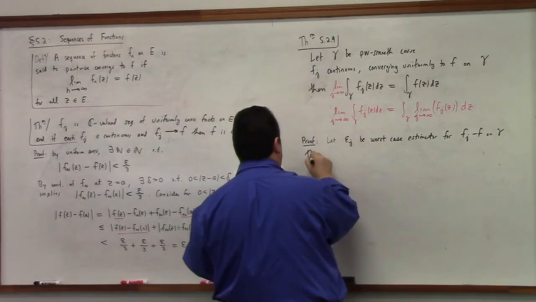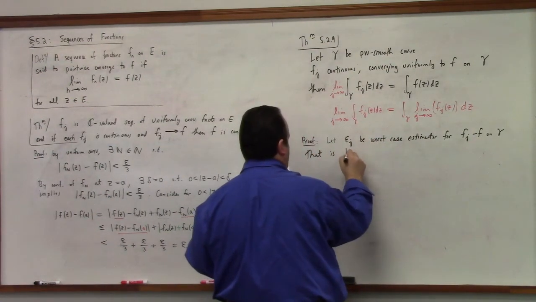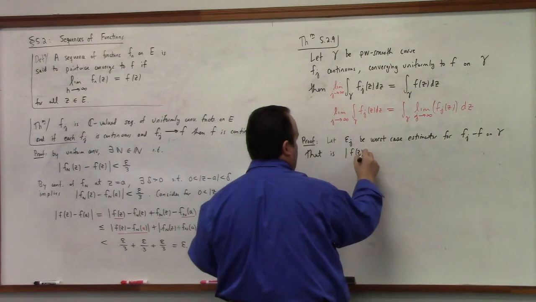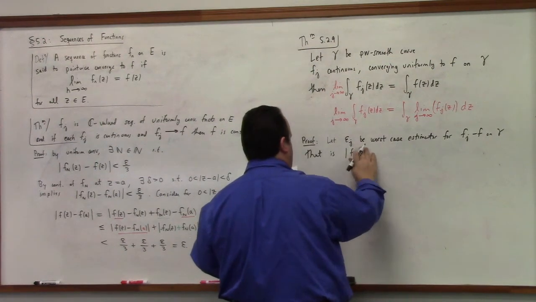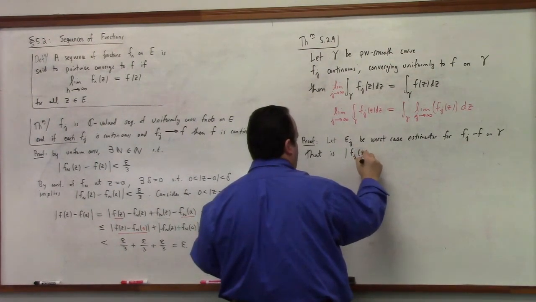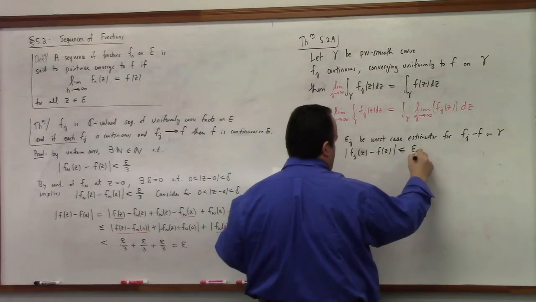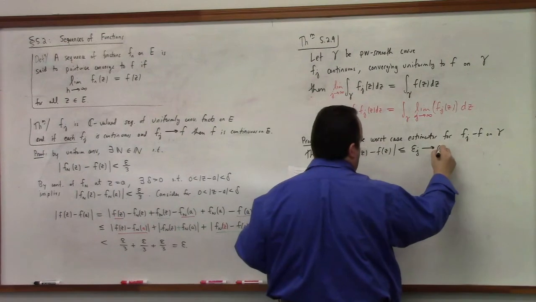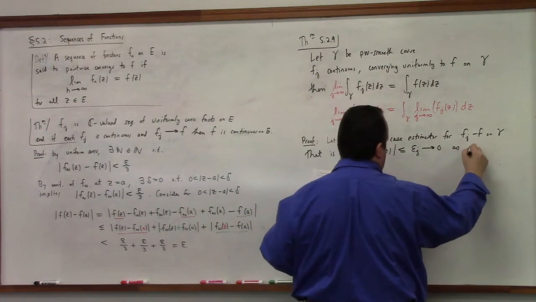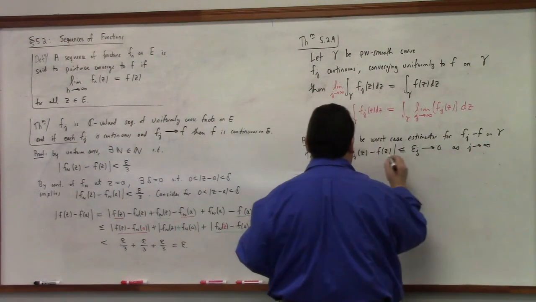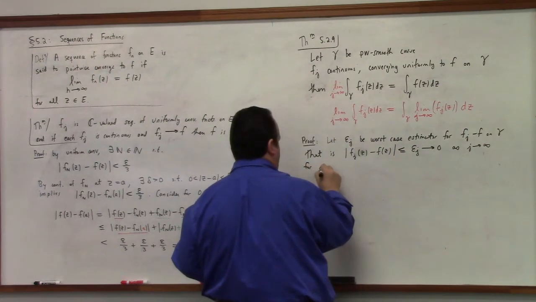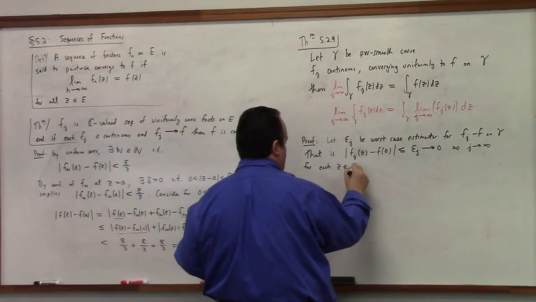That is, the modulus of fj of z minus f of z is less than or equal to epsilon j, and that goes to 0 as j goes to infinity, for each z in gamma.